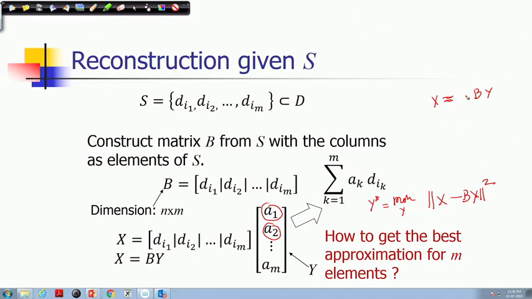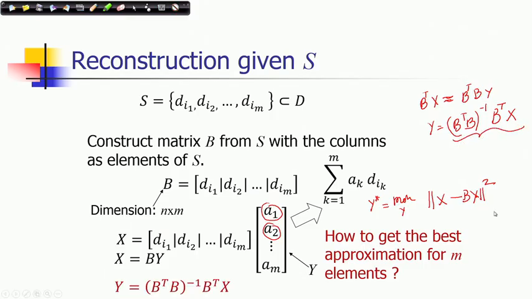We can multiply by B transpose, and then y can be written as B transpose B inverse B transpose x. This is the solution of this particular problem. So, this is how you can get y out of this process.